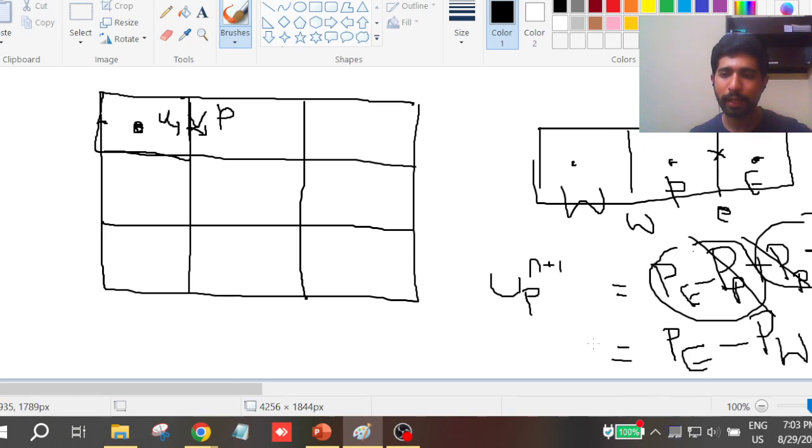So you can clearly see that the velocity at the P control volume doesn't depend on the pressure at the P control volume. That is called pressure-velocity decoupling. Before, we said pressure and velocity are coupled, but now we see that the velocity at the P control volume does not depend on the pressure at the P control volume.